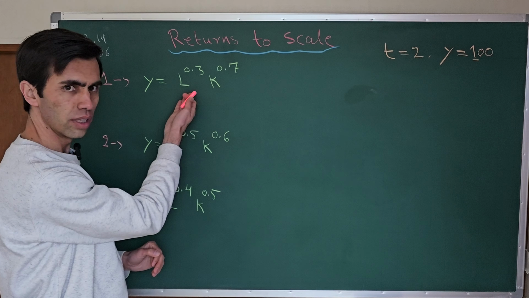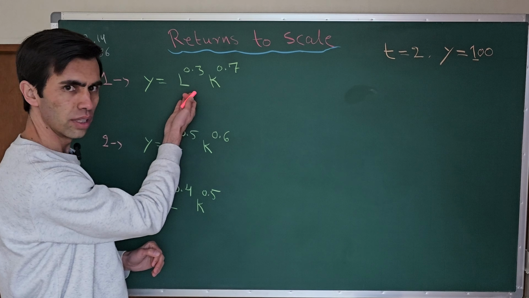It's also doubled. So we know that if y of t is equal to t times y, then we have constant returns to scale, which is exactly what we have here: y of 2 is exactly equal to 2y, because t is equal to 2.